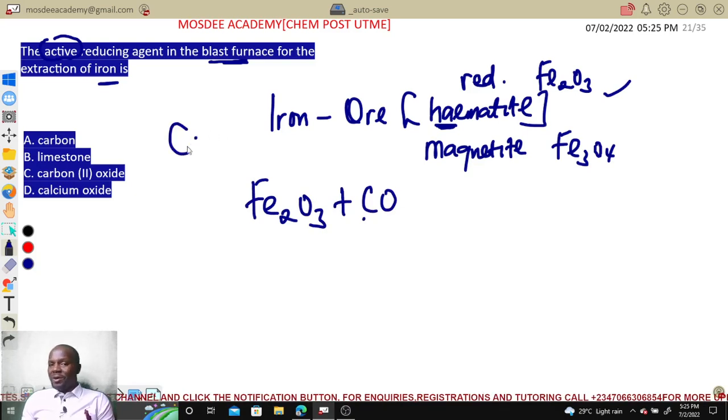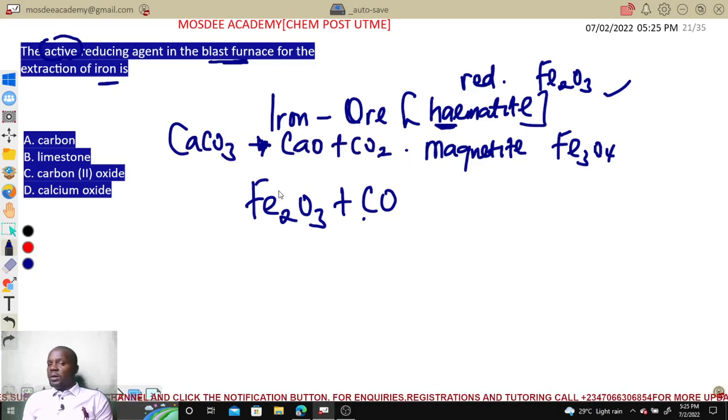And the raw material you have studied is calcium carbonate, which will decompose to be CaO plus CO2. You know that. This CO2 will react with what is formed here after removal of impurity to get pure pig iron. Pig iron is produced directly from the furnace, then it is washed. This will react with other impurities of silicate to form slag, CaSiO3.